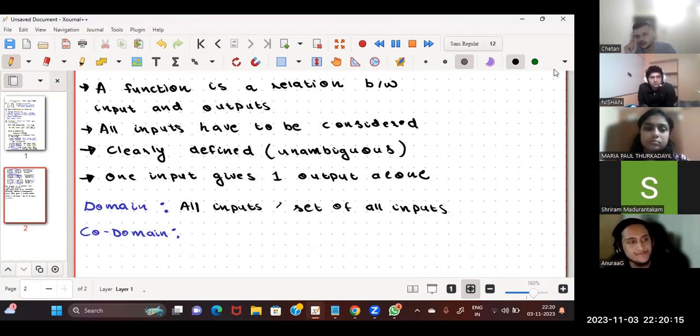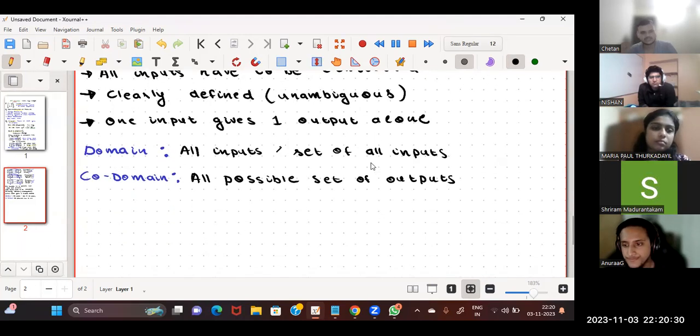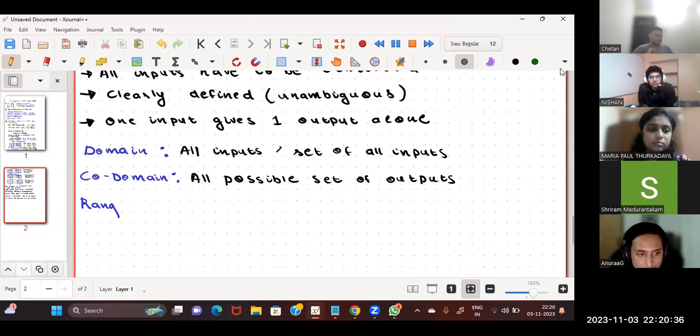That actual output that you get is your range. And your range lies in your codomain because it's part of the possible outputs, right? The outputs you will be getting will be part of the possible outputs. So your range is part of the codomain. So that is domain, codomain, and the range.